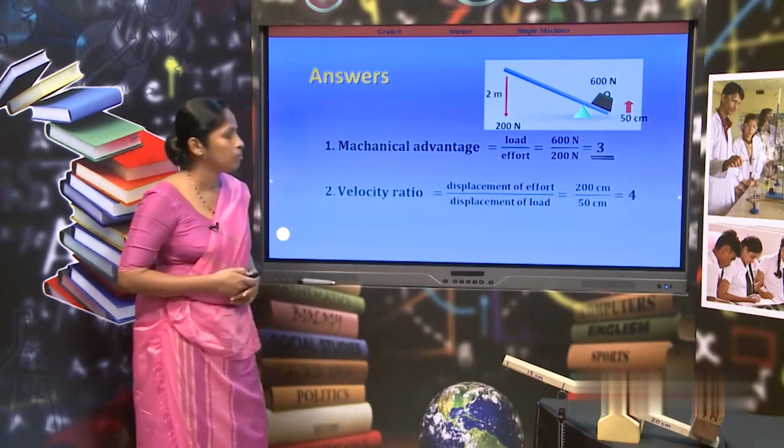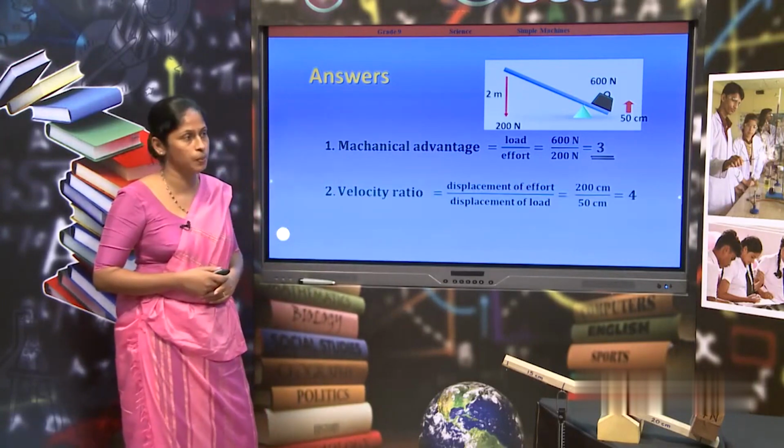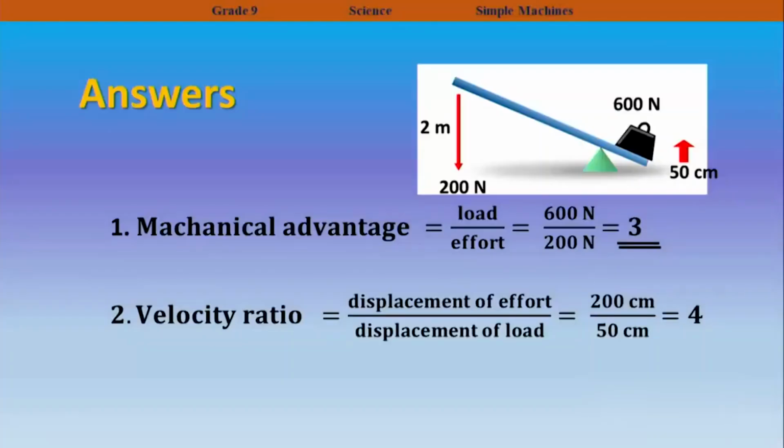Next, my question was velocity ratio, and I think you can remember velocity ratio is displacement of effort divided by displacement of load. Here, for the ease of calculation, I convert 2 meters to centimeters, and 50 centimeters is the displacement of the load.